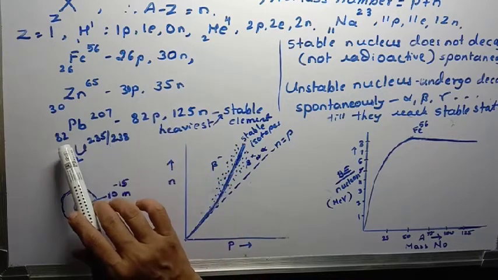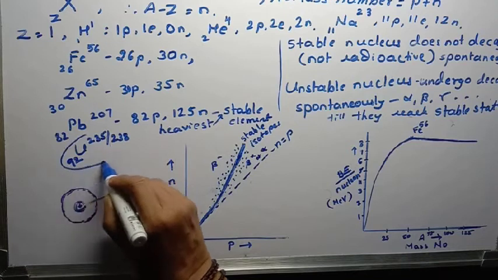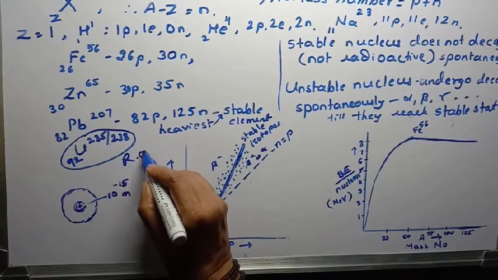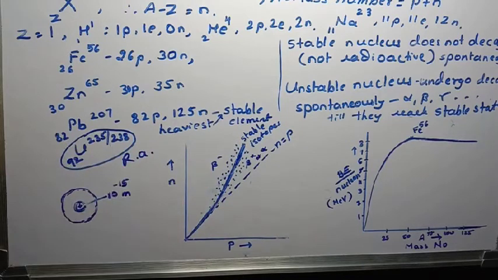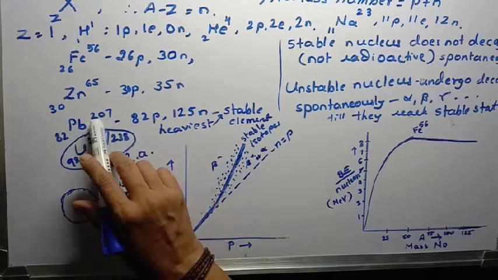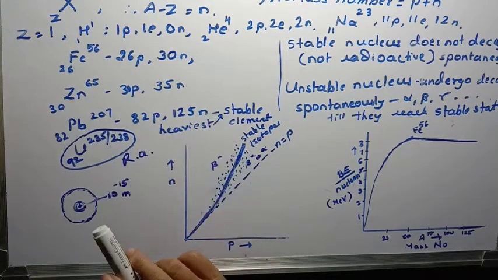Now take the example of lead, Pb. It contains 82 protons and 82 electrons, and 207 minus 82 gives you 125 neutrons.